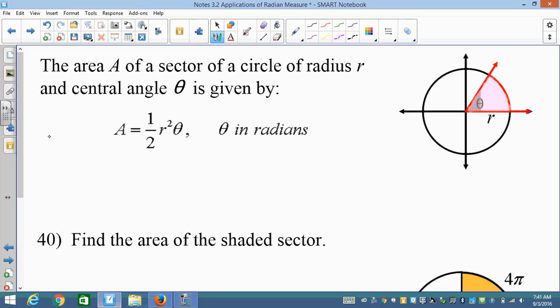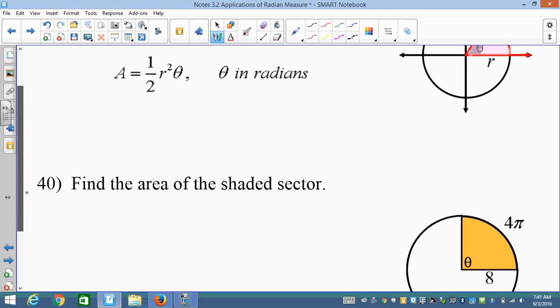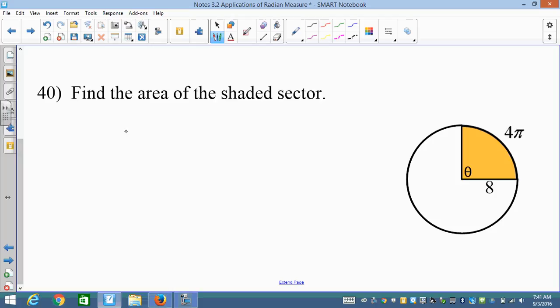So, the first one, find the area of the shaded sector. So again, area equals 1 half r squared theta. So we plug everything in. We have A equals 1 half r squared, so 8 squared. And we don't know theta, but we do know the arc length.